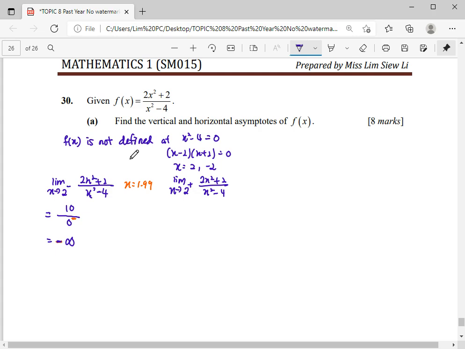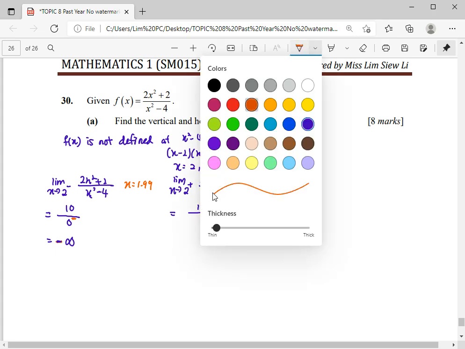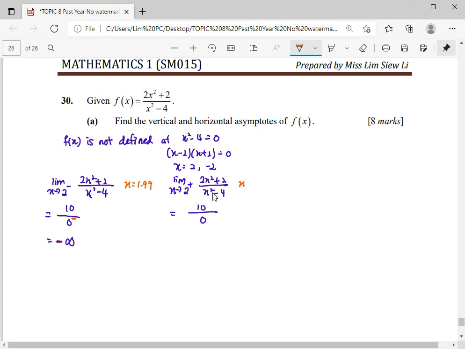So we can repeat this again. If we do our limit for x approaches 2 from the right hand side, when we substitute our value inside, it will definitely approximate 10 over 0. But if we see the approximation here, x approaches 2 from the right hand side, which means x is close to 2 from the right.